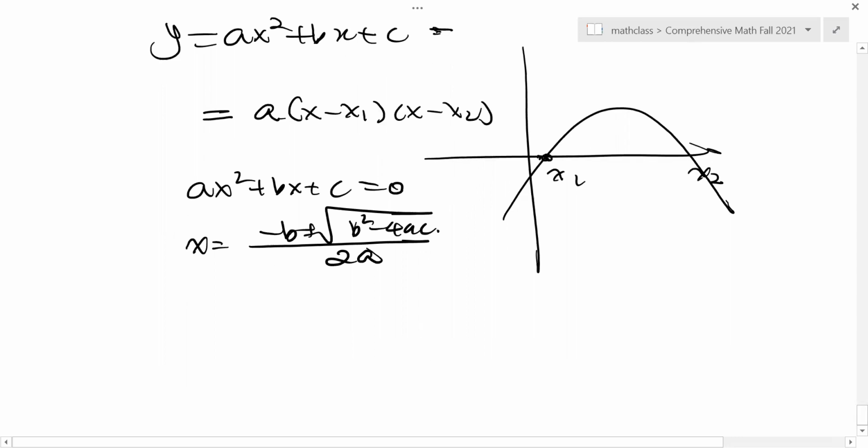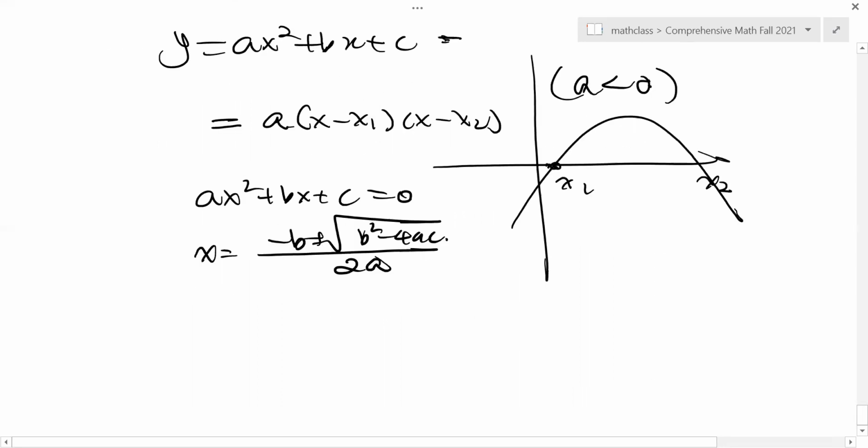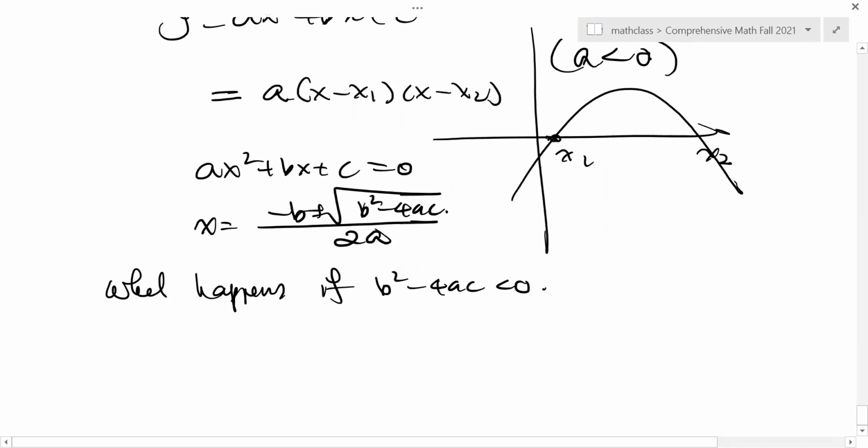We assume that a is negative. So what happens if b squared minus 4ac is negative? Then you have no real solutions.